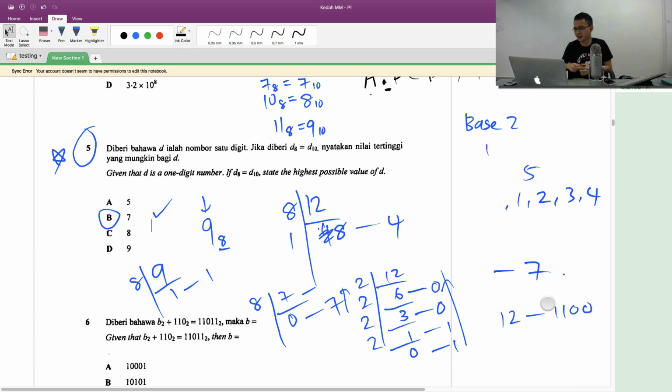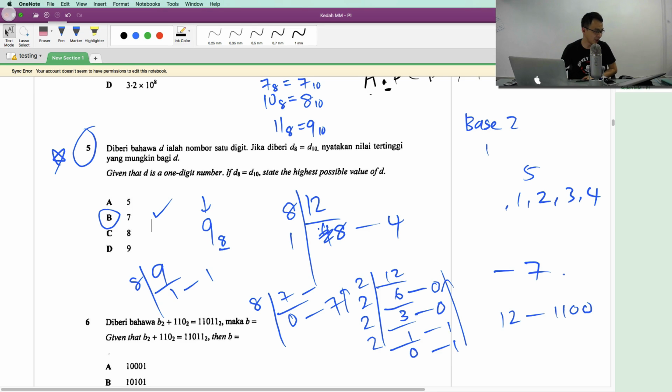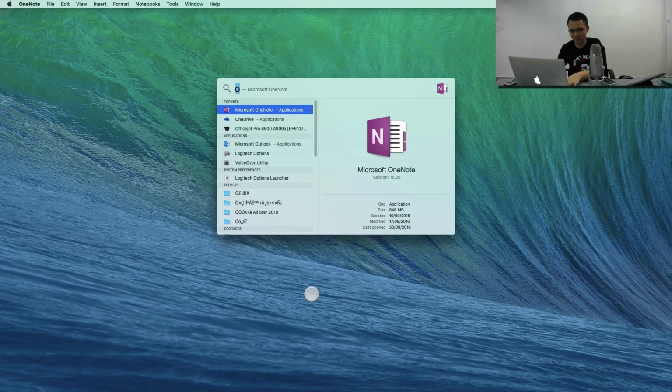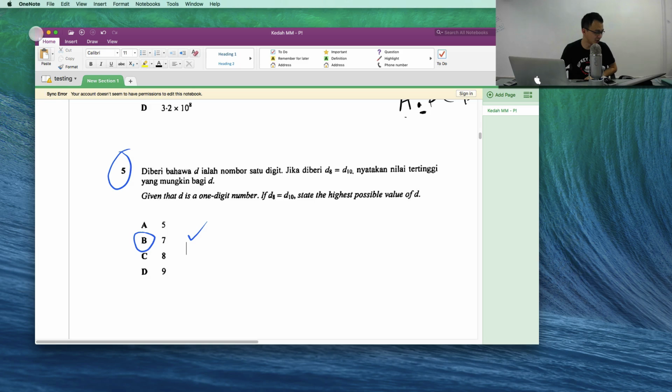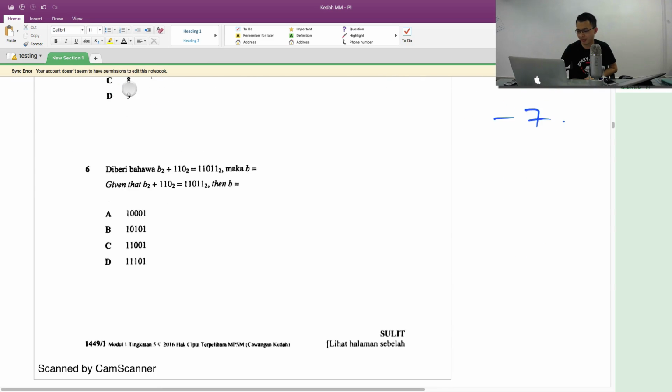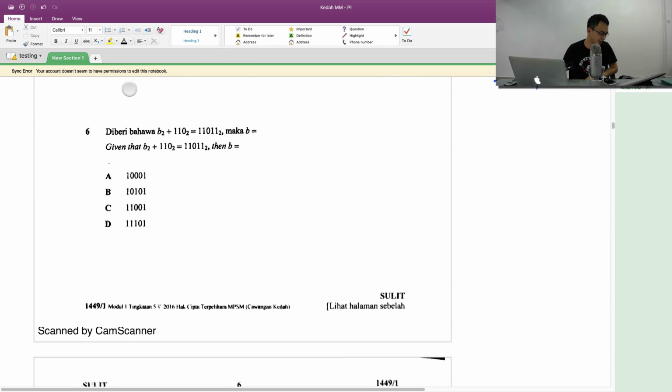I couldn't erase it, so I will restart this one. You can actually use the calculator to solve this one. Sometimes with very small numbers, I just couldn't solve it, I don't know why. The answer is B. Alright, so let's move on to number 6.